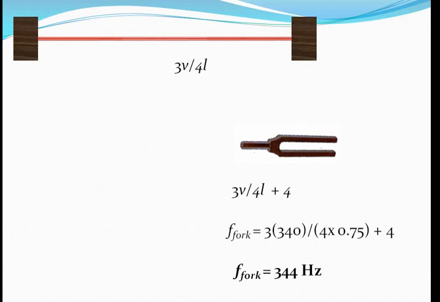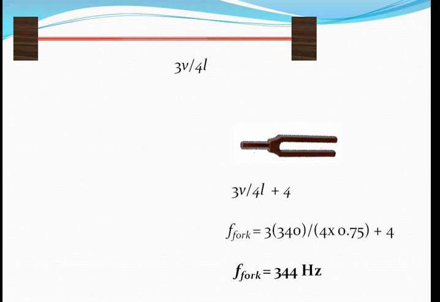We already know that it can only vibrate with a frequency V by 2L or 2V by 2L or 3V by 2L or nV by 2L. Where did 3V by 4L come from? This is possible here because L here is not the length of the string. L in 3V by 4L is equal to the length of the closed organ pipe. So you cannot compare this to nV by 2L, where L is equal to the length of the string.